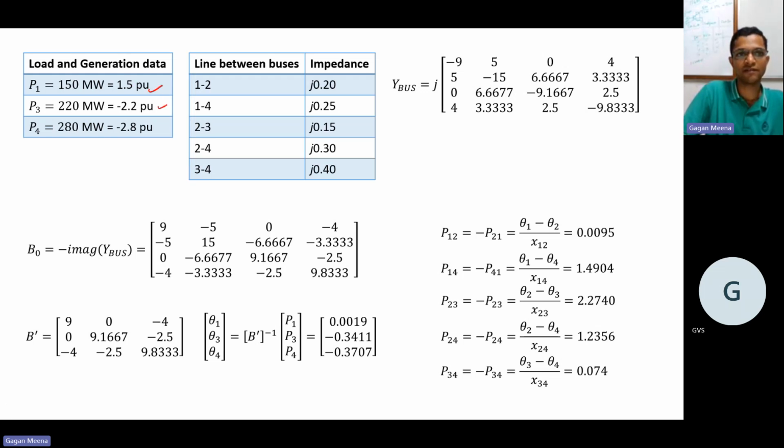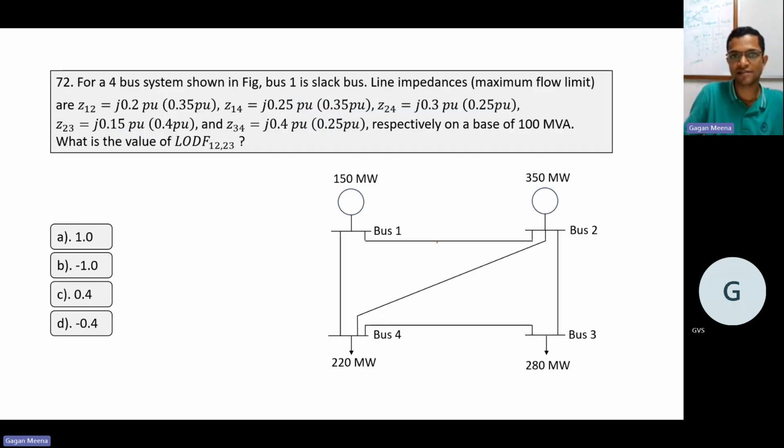We convert everything to per unit and we have the line impedances. First form the Y bus. We can easily form it. This is 5 per unit, minus j5 per unit. Similarly, we can calculate this will be 1 by 0.25, which will be 4 per unit.